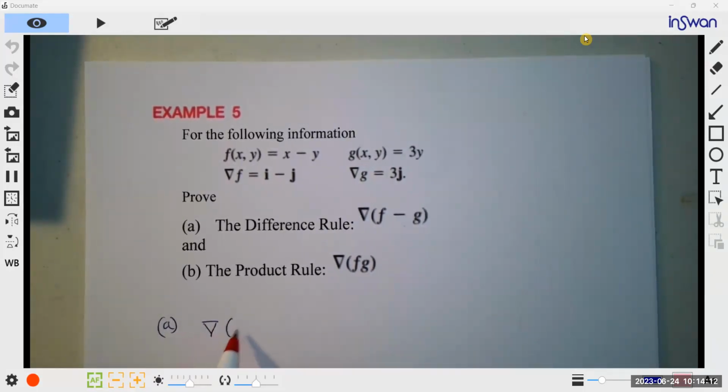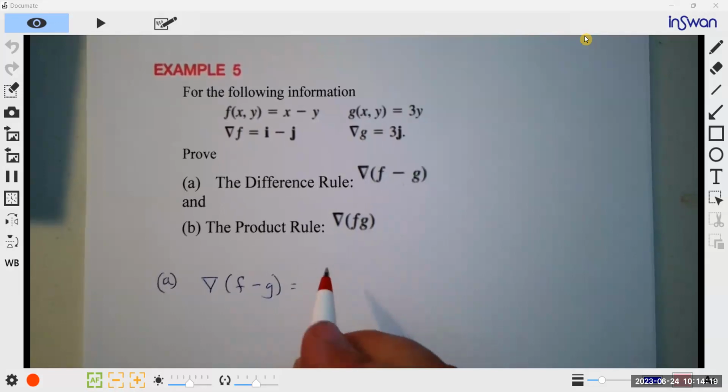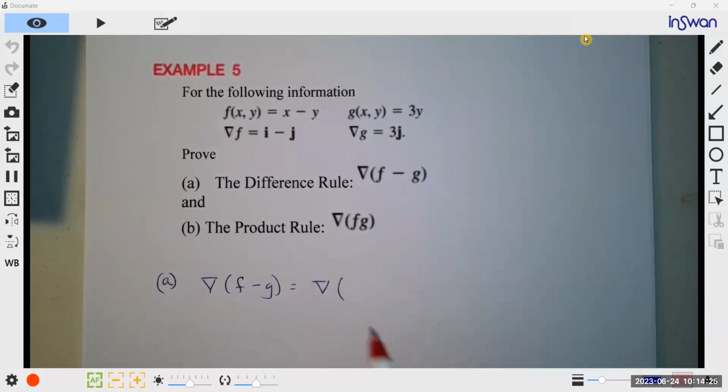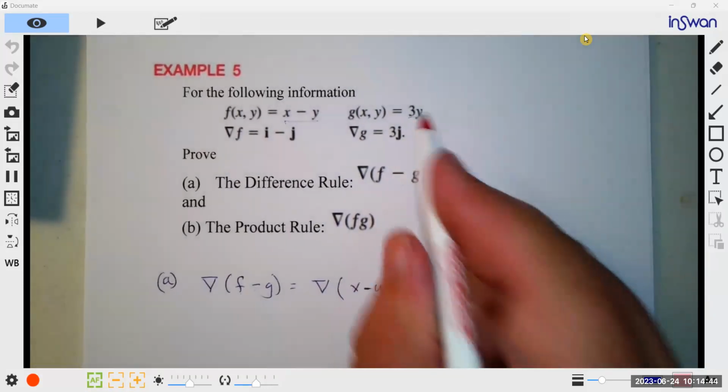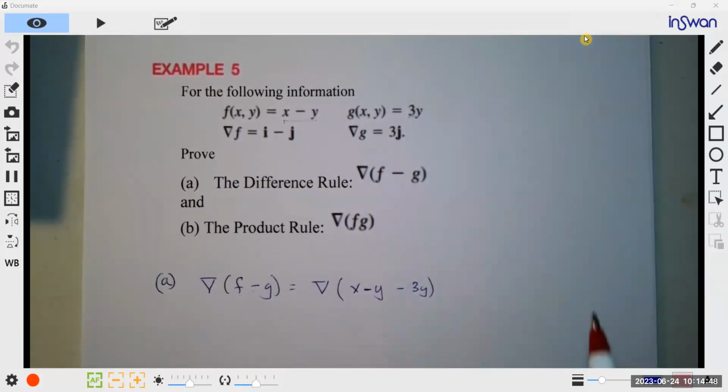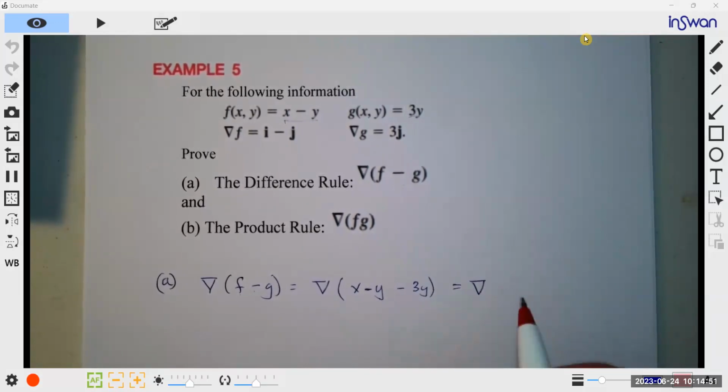So we have f minus g, which is equal to x minus y, that's f, minus 3y. One y minus 3y is 4y.